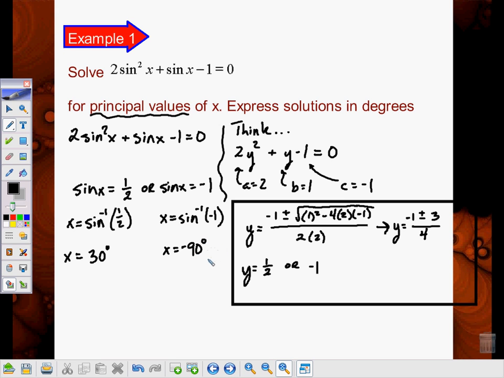Now, of course, if these aren't values that we've memorized already, we can use the inverse sine function on your calculator to find these values. So here's our solution: two solutions, which we would expect from a second degree polynomial or a quadratic. So that fits with what we would tend to expect. All right, there we go.